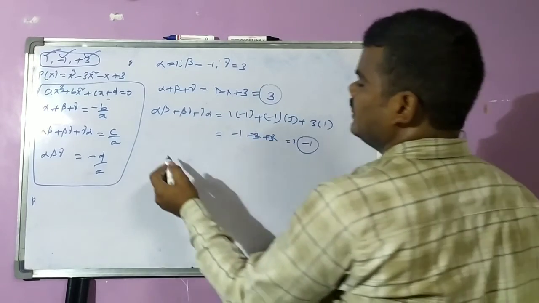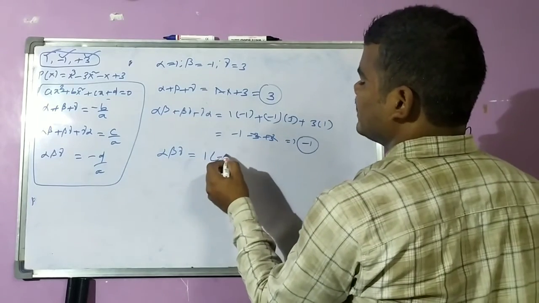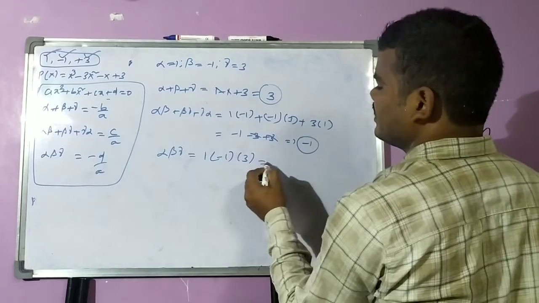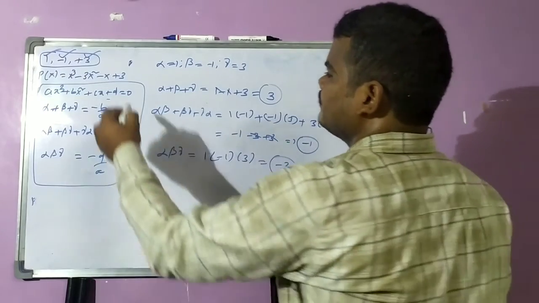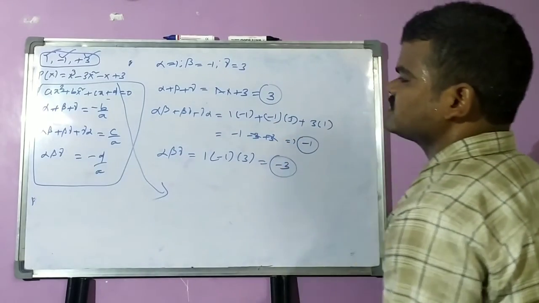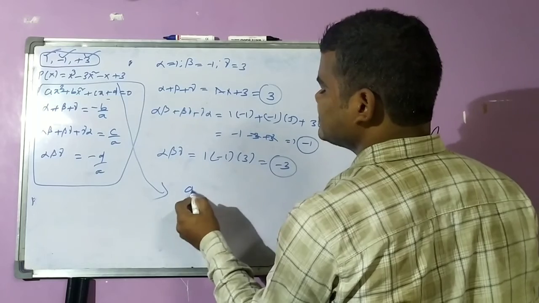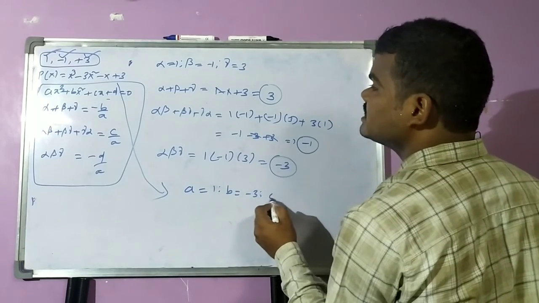Remember these things. Next, alpha, beta and gamma are 1, minus 1, 3. Now check. From this, alpha plus beta plus gamma is equal to minus b by a. What is a here? 1. What is b here? Minus 3. What is c here?